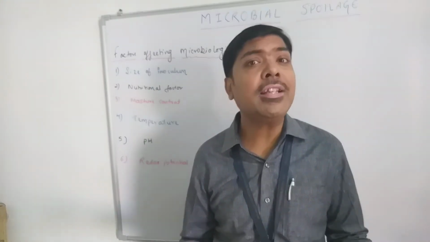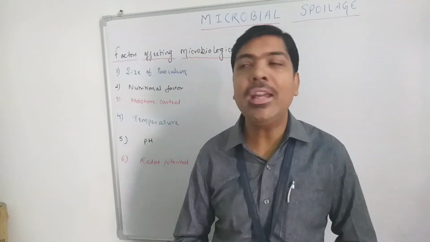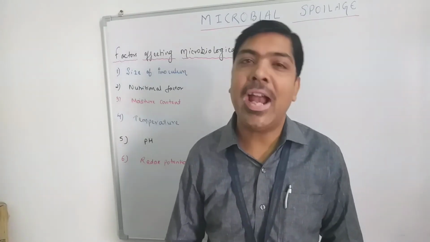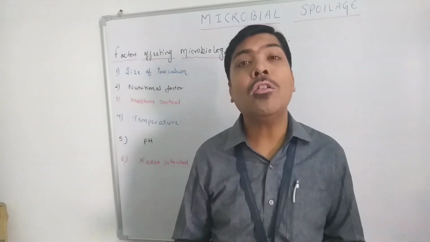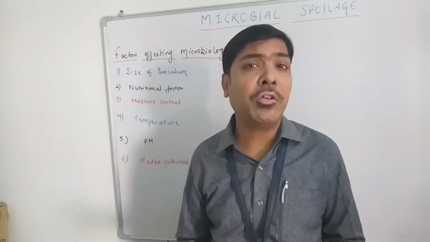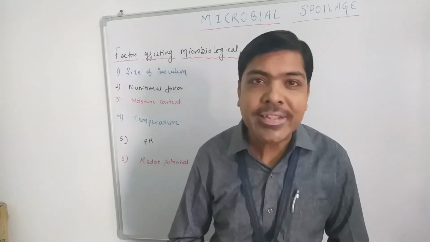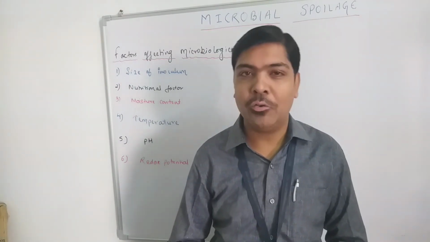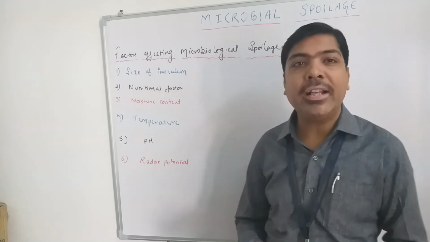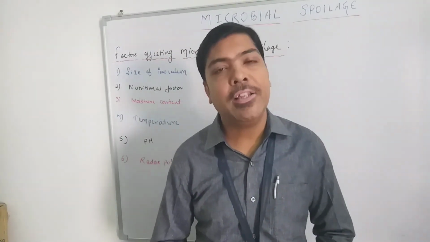And if oxygen is available along with all the other factors that favor the growth of microorganisms, then the oxygen will also facilitate their growth, and your pharmaceutical preparation will easily get spoiled by the microorganisms. So these are all the different factors that can affect microbiological spoilage.